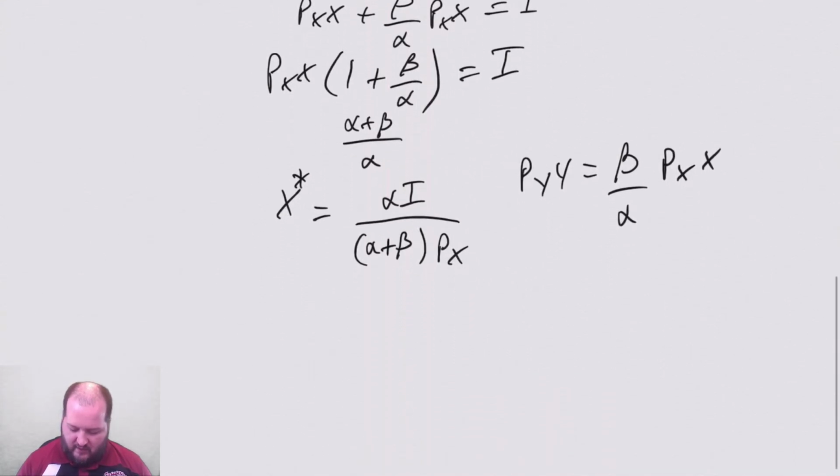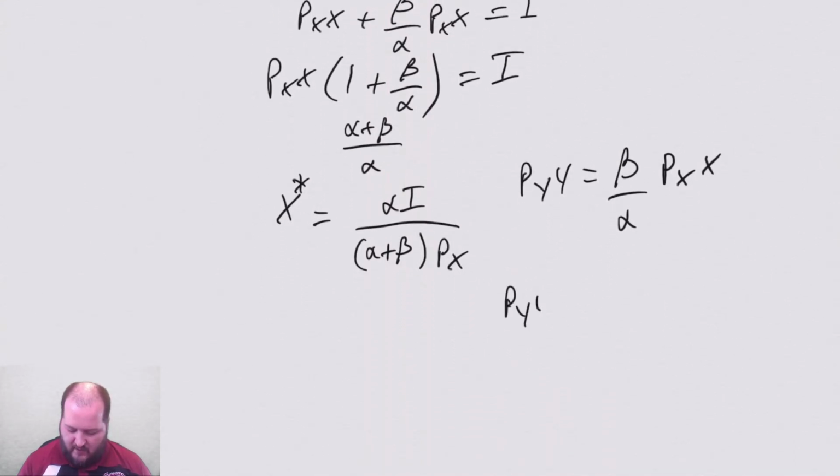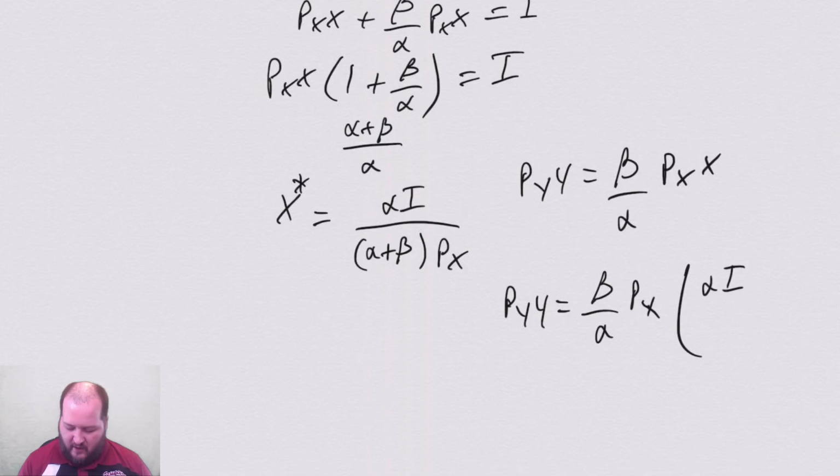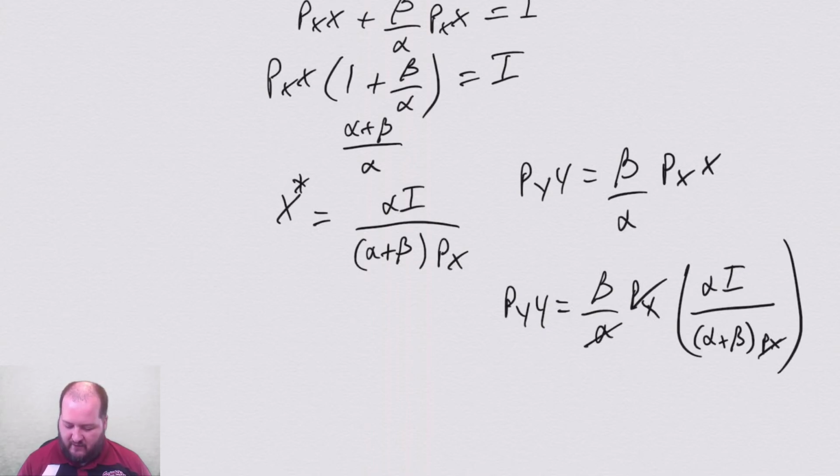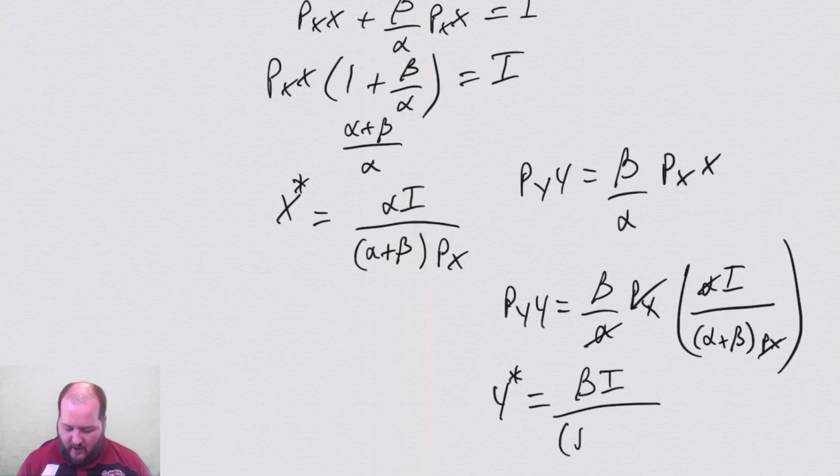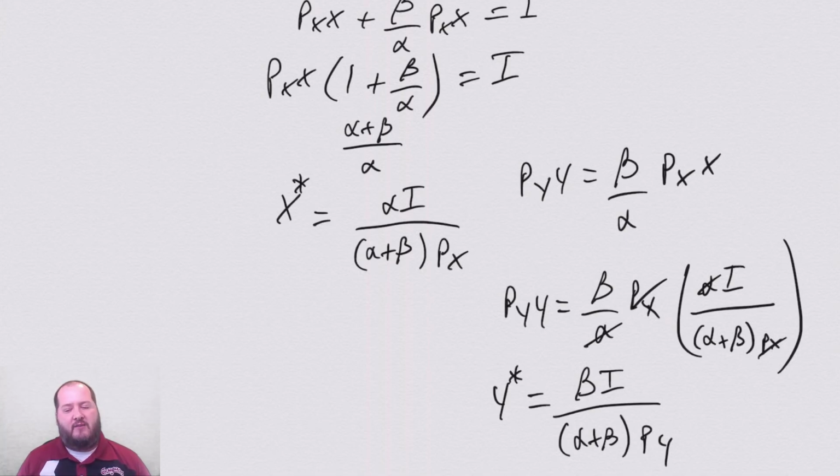So I can plug in this value, so PYY equals beta over alpha PX, and then I have alpha I over alpha plus beta PX. Good news is PX cancels, alpha cancels, and then divide both sides by PY. I get Y star equals beta I over alpha plus beta PY. And that is going to let me solve out for both of my unknowns right here.